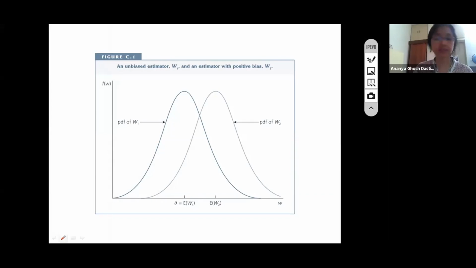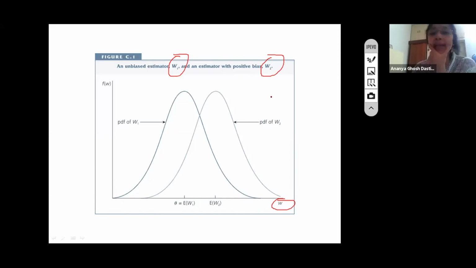Let me start with the axis. Here I am measuring a random variable called W. This random variable W takes many different values, so I can actually be talking about two random variables right away: one random variable W1 and another random variable W2.